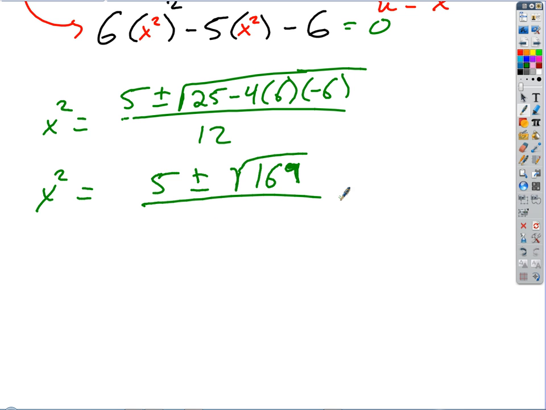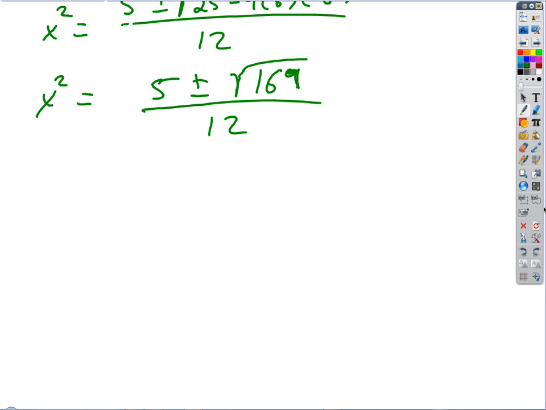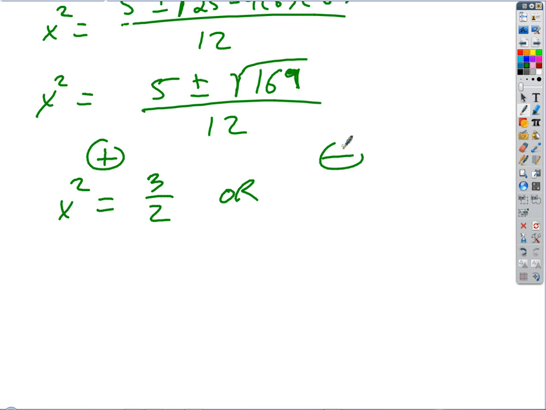And then over 12, and so I'm going to get two answers out of that, the plus version and the minus version. If I simplify those, and you can watch the other YouTube video if you want to see it, I'd get, for the plus version, x squared equals 3/2. If I take the minus version of the quadratic formula, I get x squared equals negative 2/3, and then all I have to do is square root both sides, and I get 4 solutions.